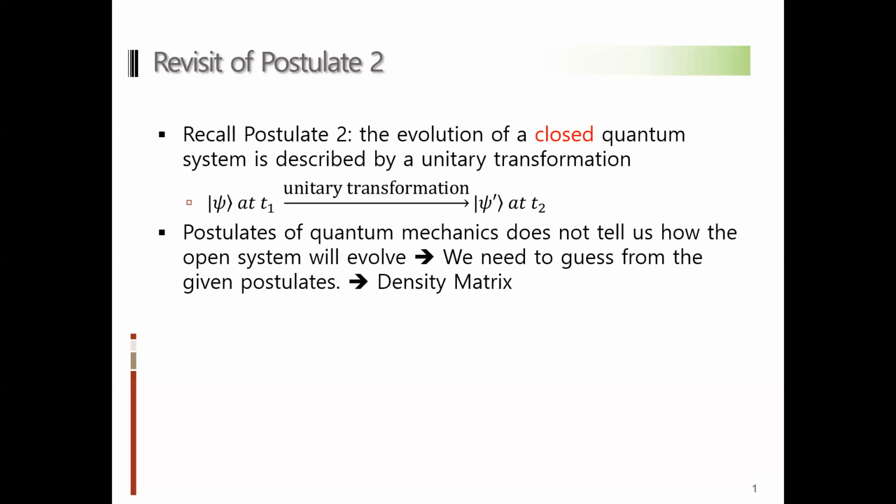However, if there is limited communication or no communication at all, so Alice cannot tell what is happening on the moon, but still she needs to describe her own quantum state, then Alice's system is called an open system, and what is happening on the moon is the so-called environment. Whether the entangled particle is just next to Alice or far away, what happens with Bob actually affects the quantum state of Alice.